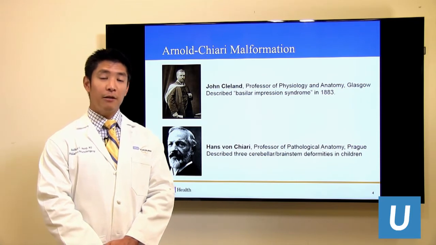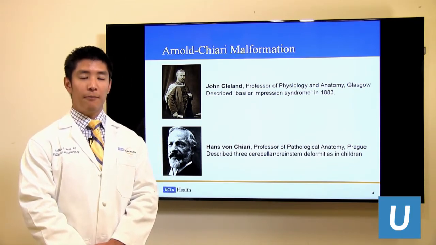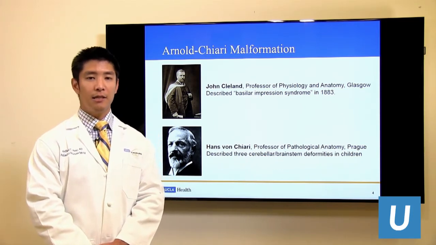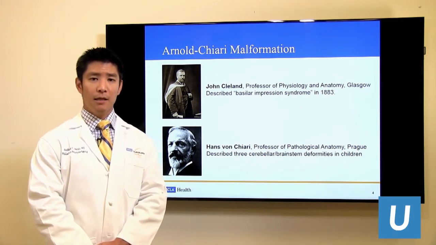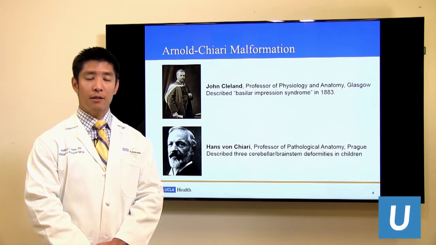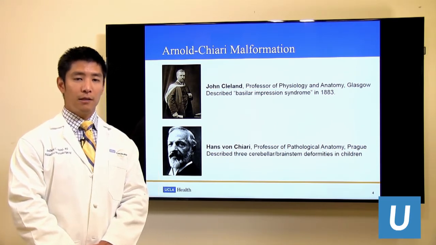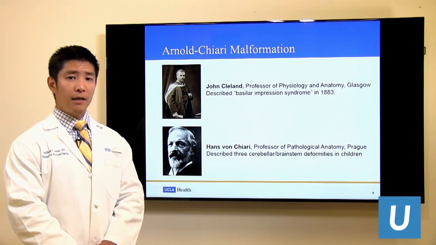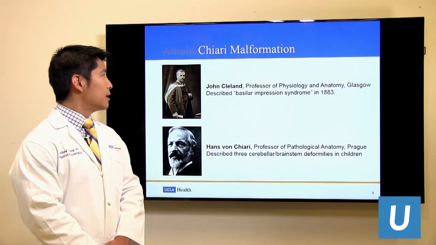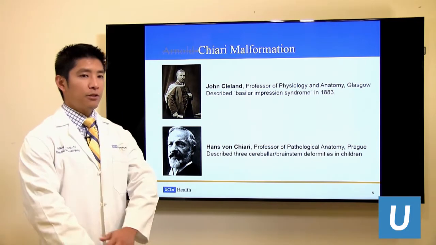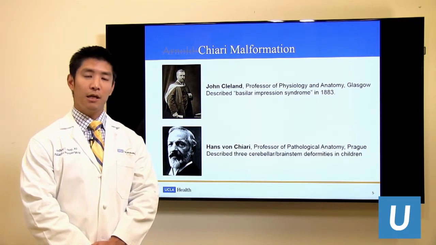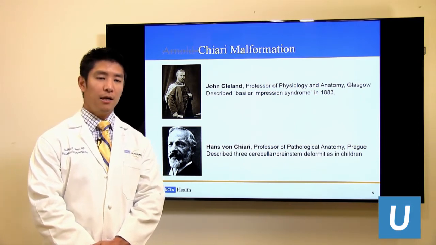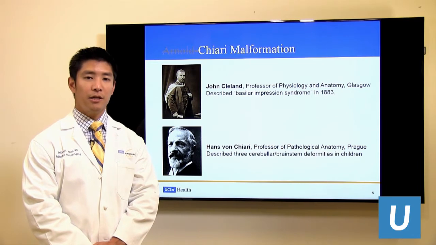The name Chiari malformation came from Hans von Chiari, where in the 1890s he described, again, anatomic variants on pathology where the cerebellum was sitting lower than it should. Later, another Austrian pathologist, Arnold, his students found a similar appearance from a totally different etiology.